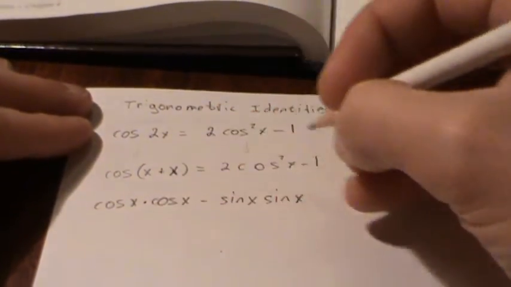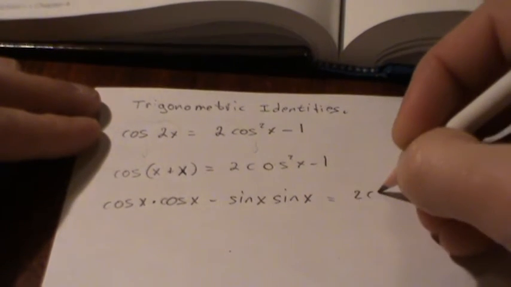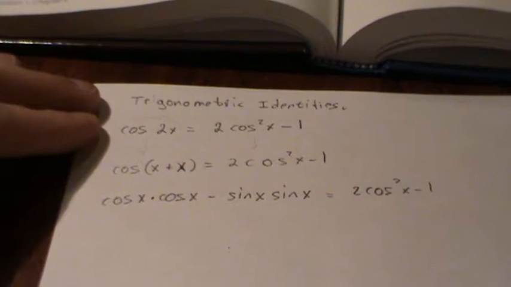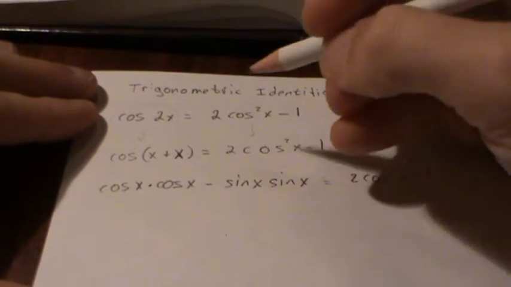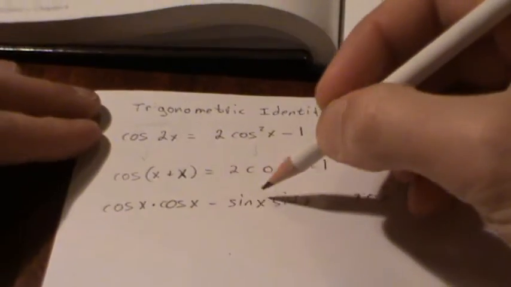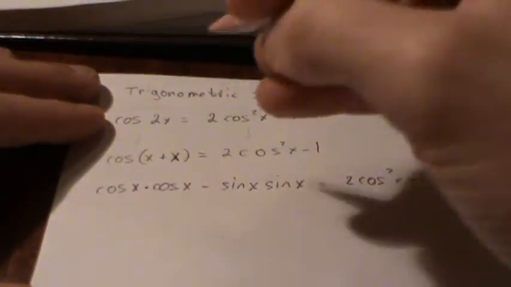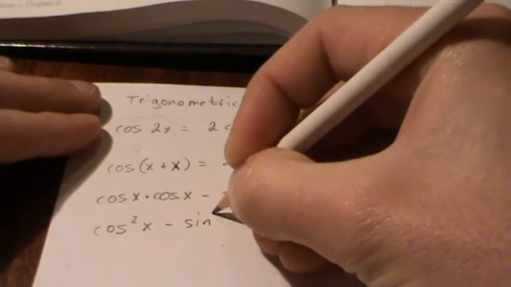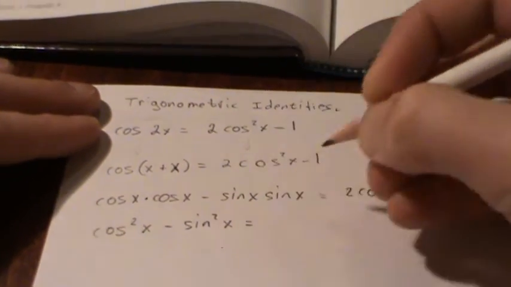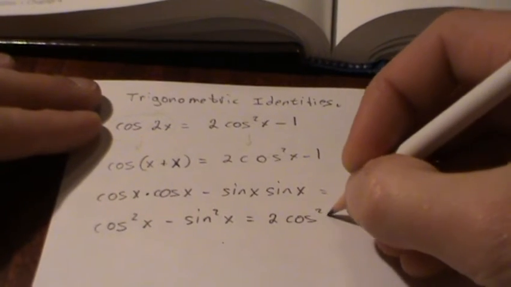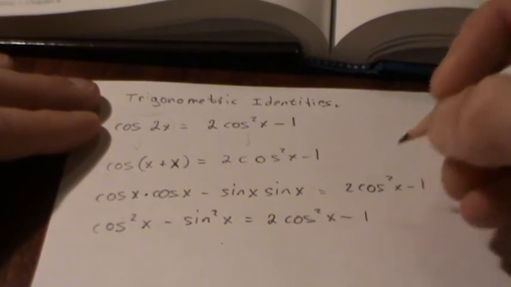And so now this is still equal to 2 cosine squared x minus 1. So now I've got cosine squared x minus sine squared x is equal to 2 cosine squared x minus 1.